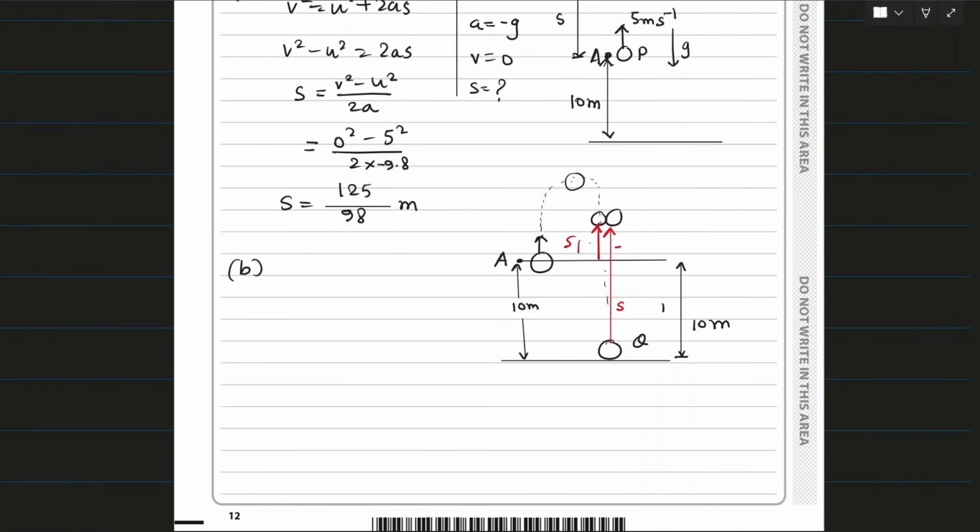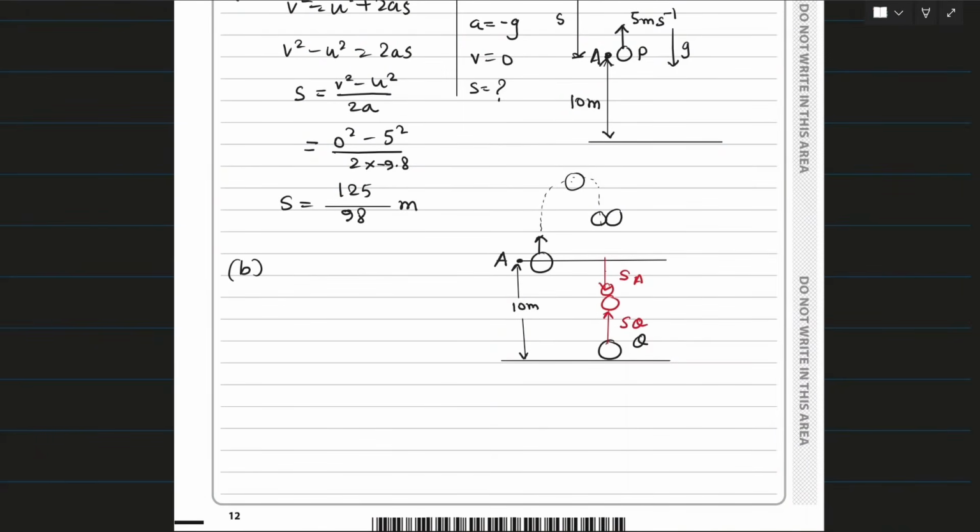But if the particles collide below this line, let's say somewhere here, then the displacement of particle P is given by this, and the displacement of particle Q is given by this.